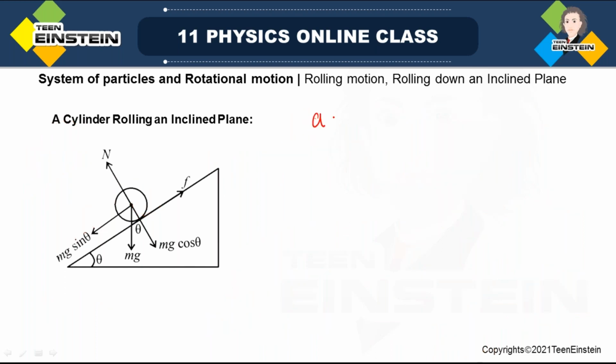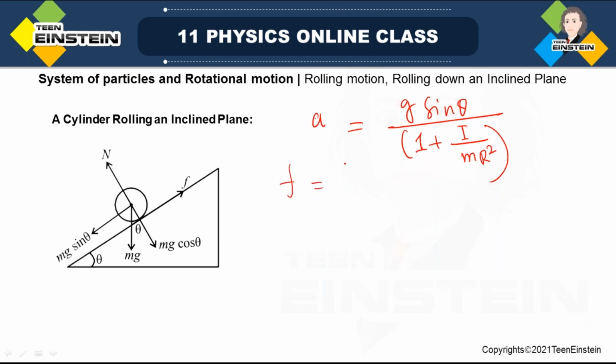For translational motion, I have got the acceleration a is equal to g sine theta over 1 plus I over m r square, where I is the moment of inertia. And one more thing, we have got F is equal to I into a by r square.